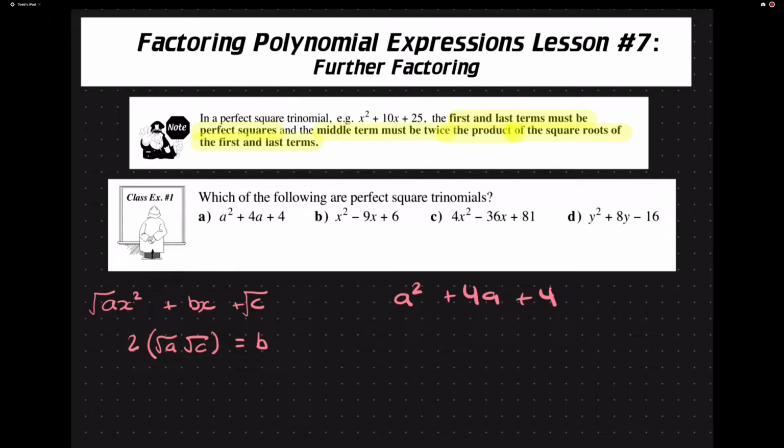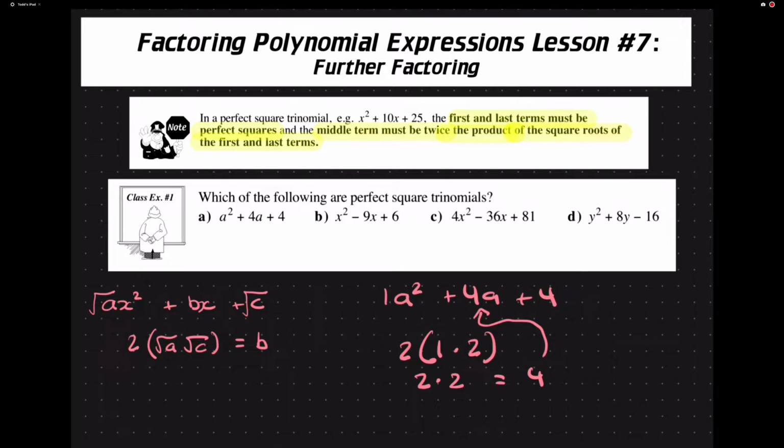Note that the square root of the number in front of a squared is the square root of 1, which is 1. And when I take the square root of c, which is 4, it's going to be 2. So it's 1 times 2, and multiply that by 2. So we basically get 2 times 2. And yes, that does equal 4, which is that middle term.